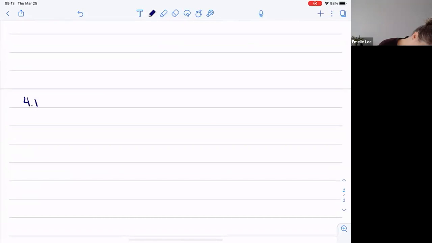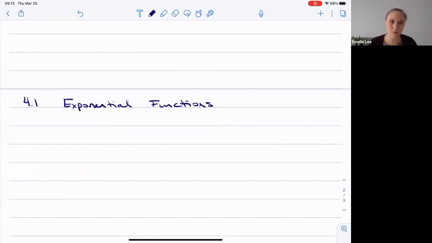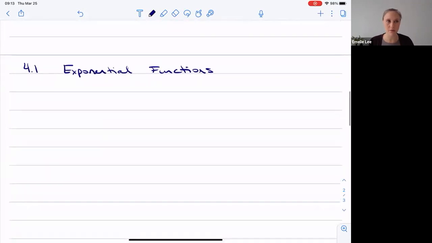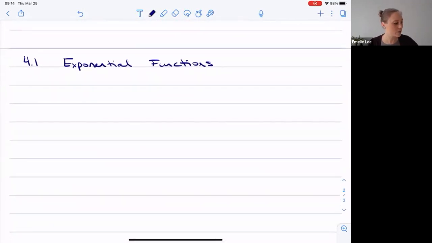So 4.1 is called exponential functions. I knew that. And there are the notes that I've posted on Moodle, they go through some other scenarios.